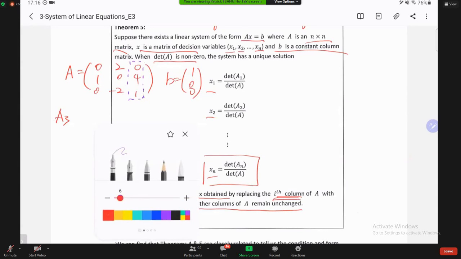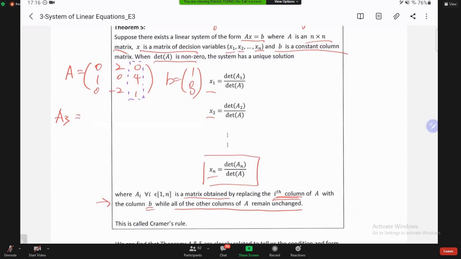A subscript 3 means that the other columns don't change, but the purple dashed box is replaced by the column B. So it becomes something like this. Any question for the definition of A subscript i? It is also a matrix.